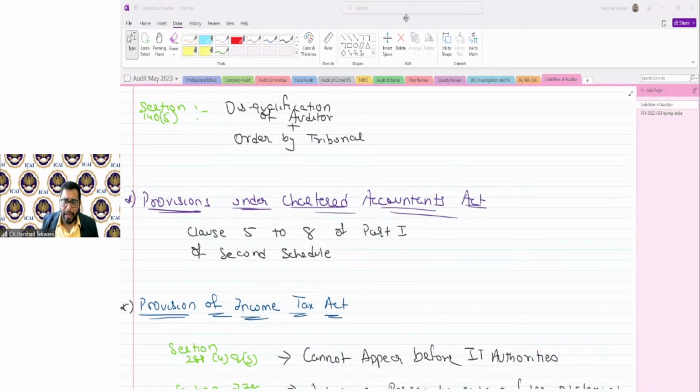What is clause 5 of Part 1 of the second schedule?